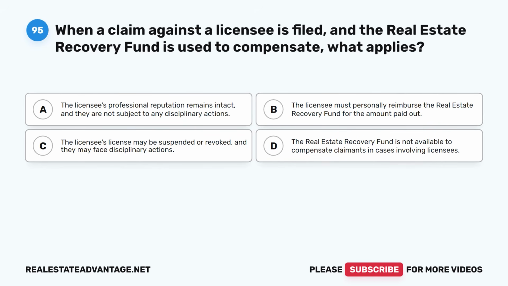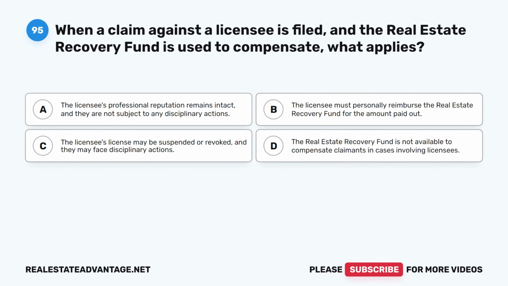Question 95. When a claim against a licensee is filed and the Real Estate Recovery Fund is used to compensate, what applies? A. The licensee's professional reputation remains intact, and they are not subject to any disciplinary actions. B. The licensee must personally reimburse the Real Estate Recovery Fund for the amount paid out. C. The licensee's license may be suspended or revoked, and they may face disciplinary actions.